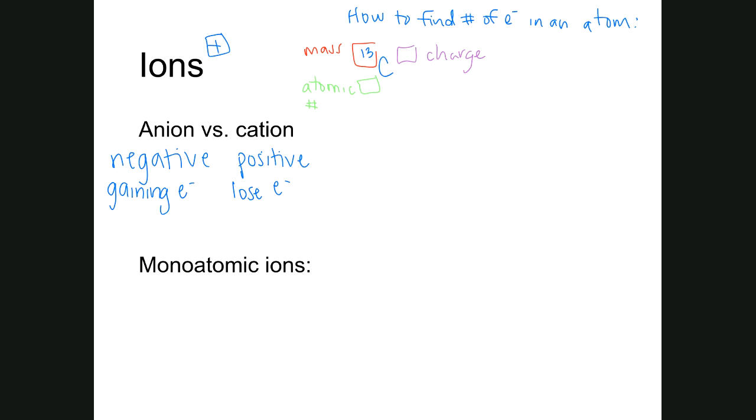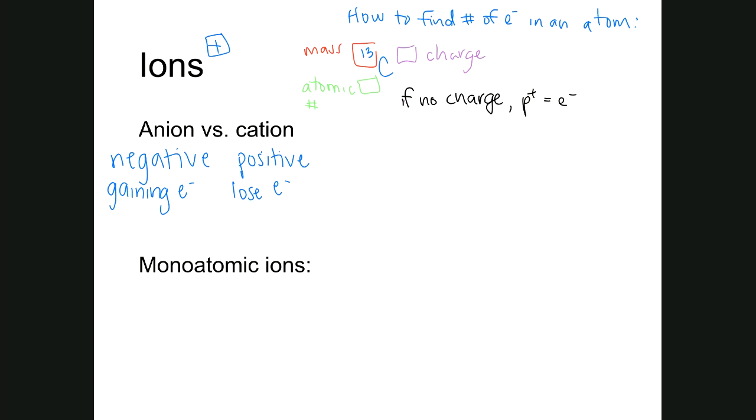So in the case here of this carbon 13 that I drew out, there is no charge. I did not write anything in the upper right-hand corner. So if there is no charge, that means that the number of protons and the number of electrons have to be equal.